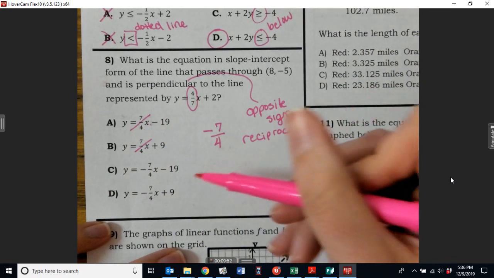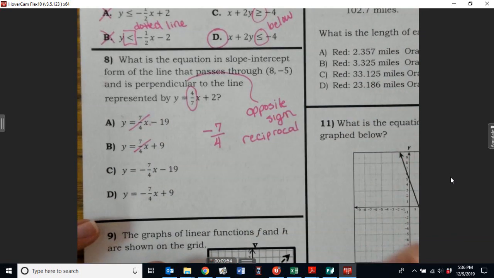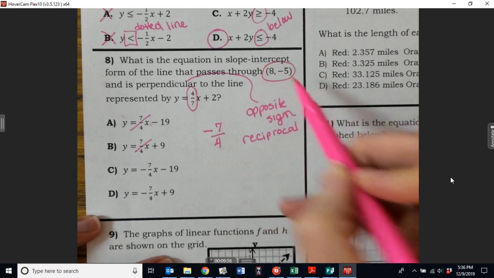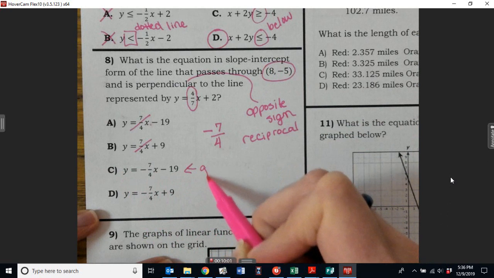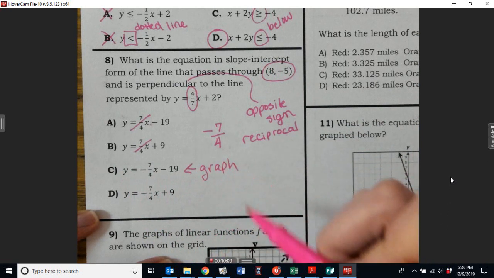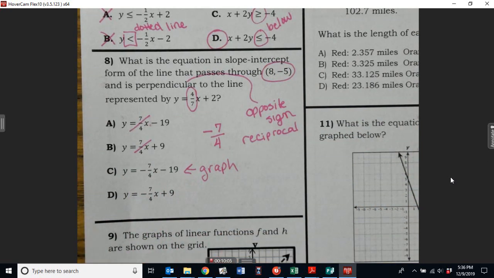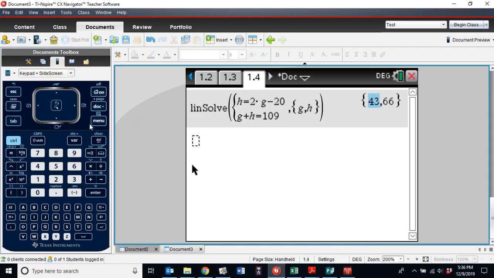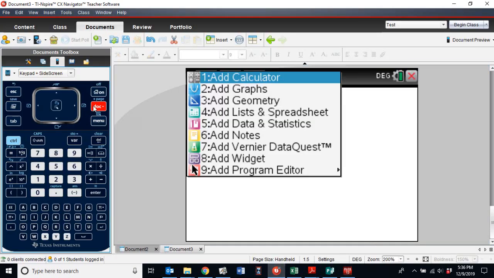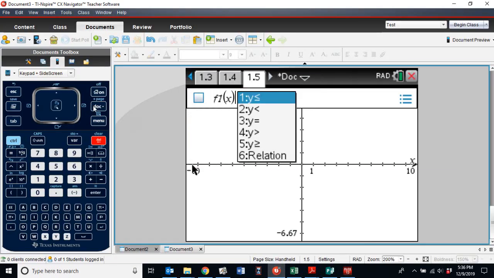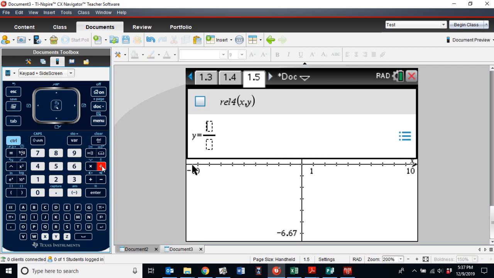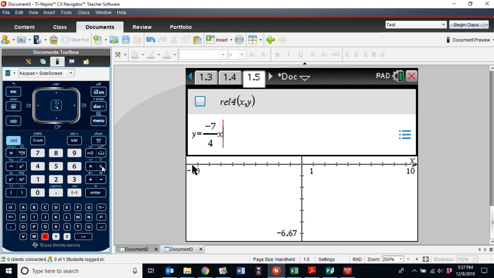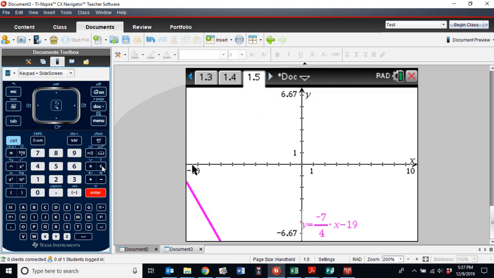Of the two that are left, I need to go to a graph page and see which one crosses this point. So I'm going to first graph this. I'm going back to my calculator, but I want you to know I'm graphing letter C. I'm going to delete the equal sign and pick a relation, and it says y = -7/4x - 19.